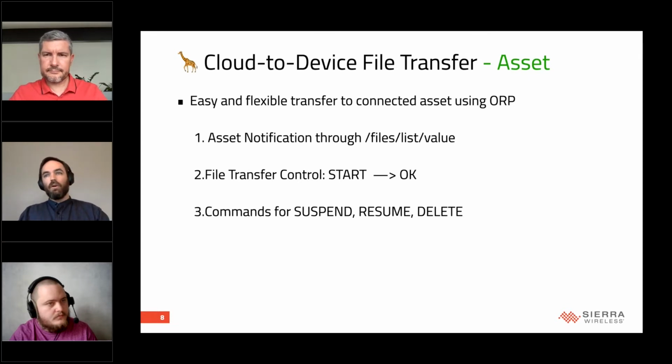The asset can then also control the transfer progress of those files using suspend and resume and ingest in a way that is appropriate for the asset. Now, we'll be doing a deeper dive of this feature in an upcoming session, so I'm not going to go too deep into this, but stay tuned.